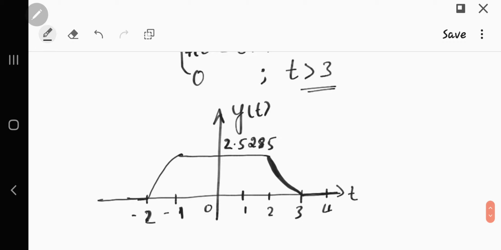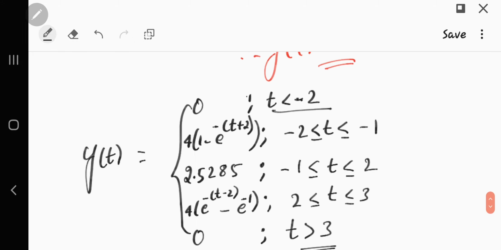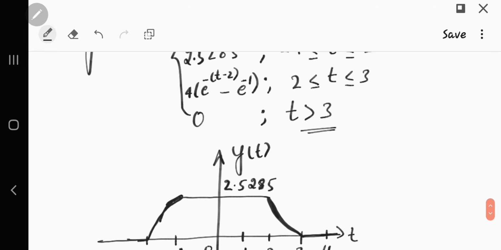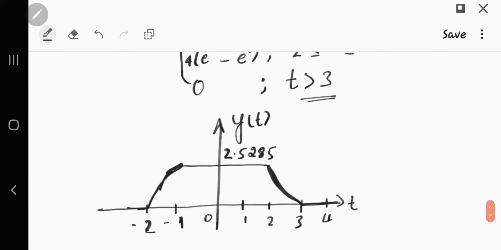Okay, so these two. So just apply minus 2 and minus 1 for this expression. You will get the value for that, and here you have to apply plus 2 and plus 3. You will get the answer for this one.